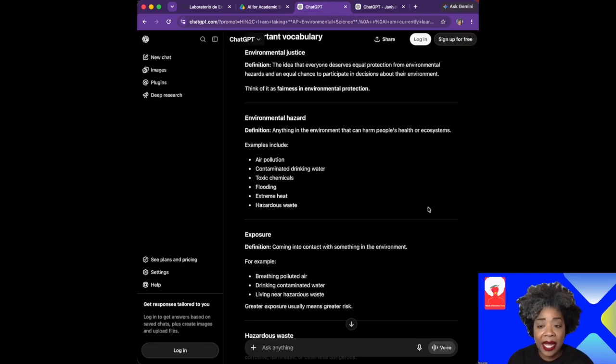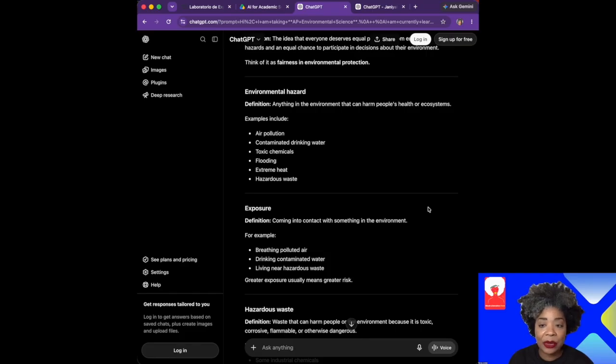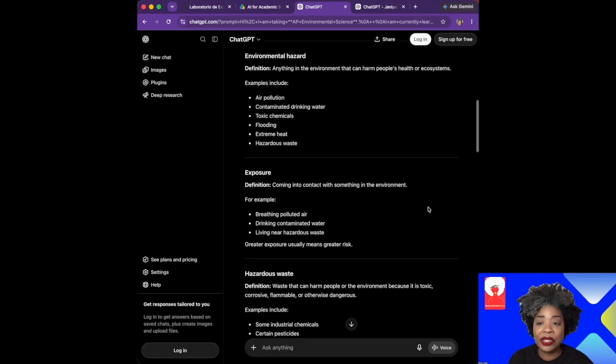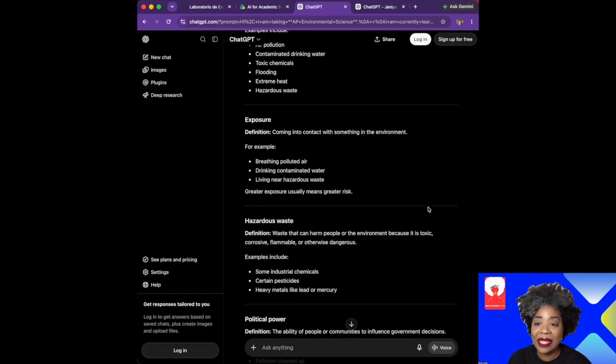Examples include air pollution, contaminated drinking water, toxic chemicals, flooding, extreme heat, and hazardous waste. Exposure definition: coming into contact with something in the environment. For example, breathing polluted air, drinking contaminated water, living near hazardous waste. Greater exposure usually means greater risk.